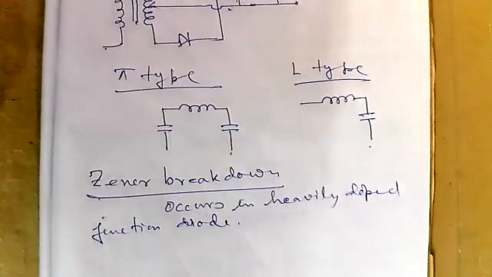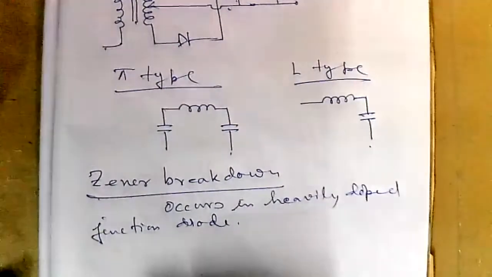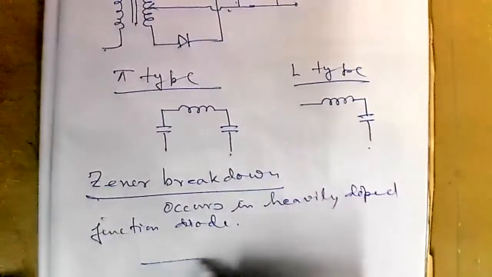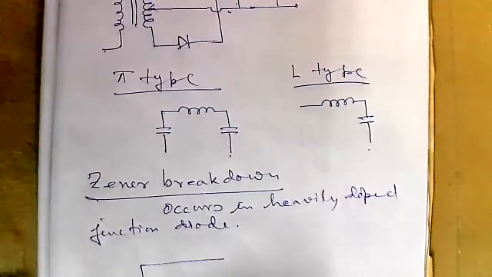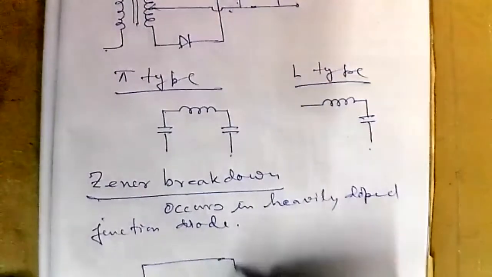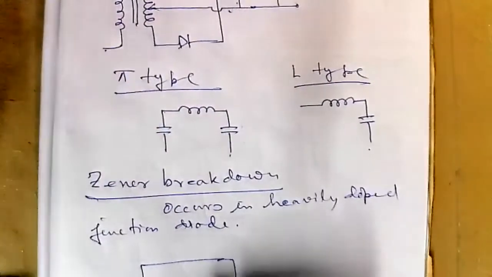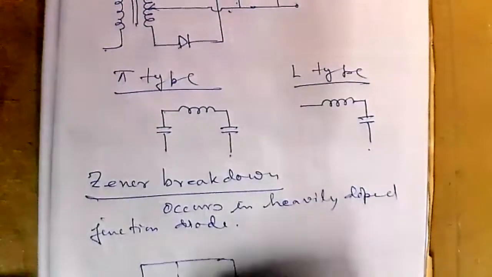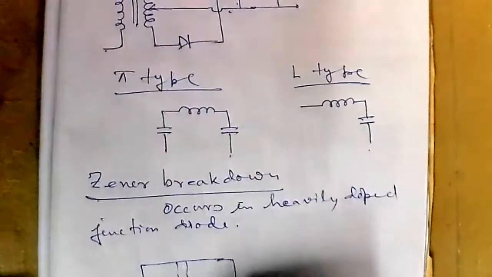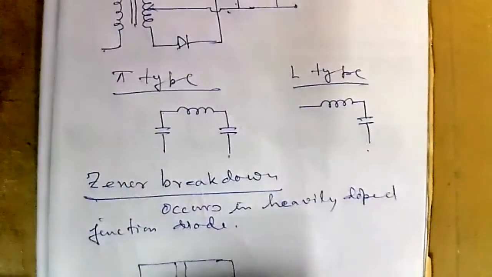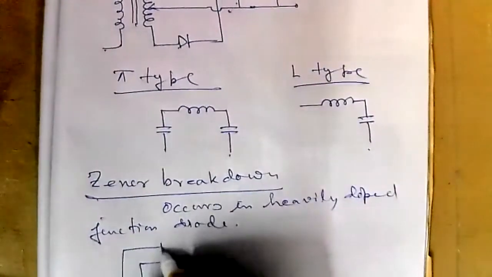So due to this higher dopant density, the depletion region is very narrow.